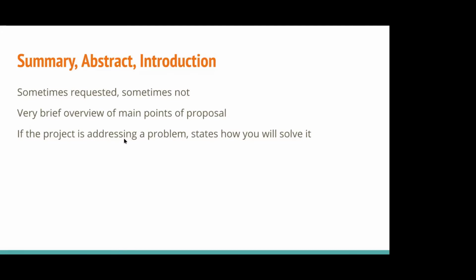We want to solve this economic problem. We want you to explain to us how you are going to address it. That is something very important to put in the summary, because again, what is the funder thinking about as they're reading your proposal? They want their problem solved, and you want to let them know right off the bat that you are the entity to solve it.